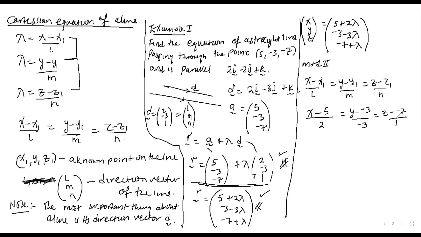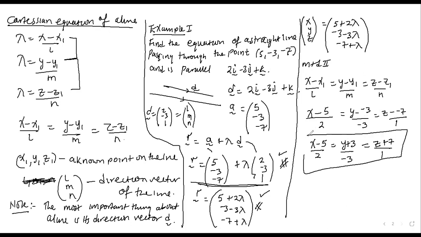The final answer becomes x minus 5 over 2 is equal to y plus 3 over negative 3 is equal to z plus 7 over 1. And this is our answer in Cartesian form.